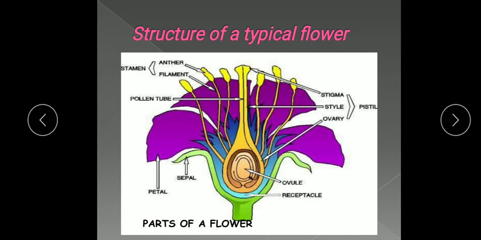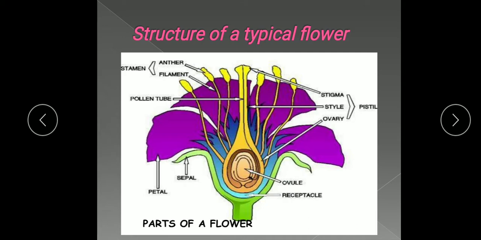Students, you have seen many types of flowers in the garden, varying in color, shape and size, and also in the arrangement of the parts. But all flowers have the same basic plan. So we are going to study the structure of a typical flower.